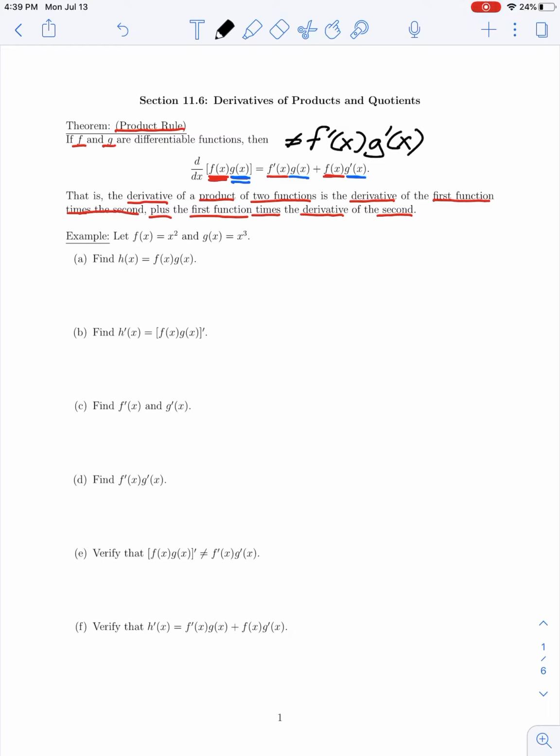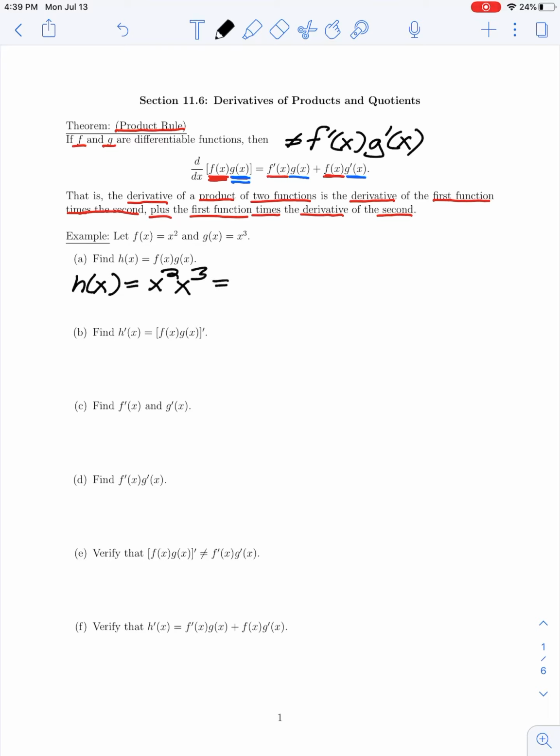So here we have two functions, f of x is x squared and g of x is x cubed. And in part A, we're told to find h of x, which is the product of f and g of x. So here, the function h of x is defined as x squared times x cubed.